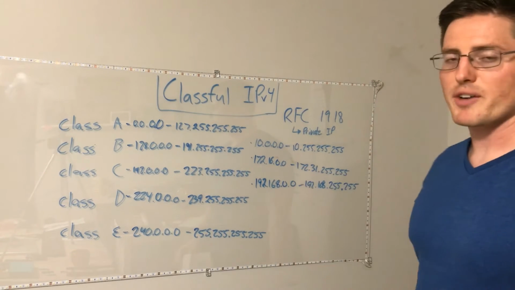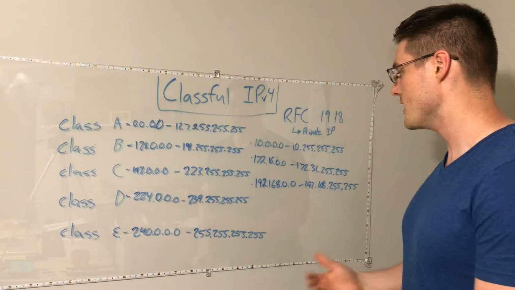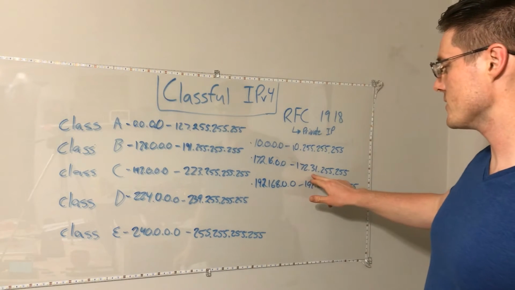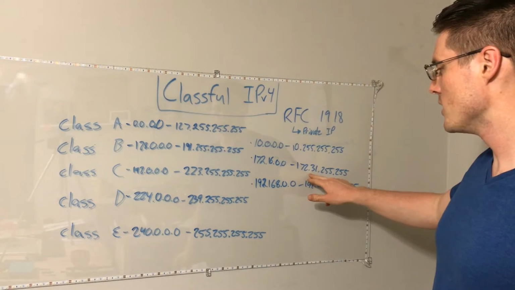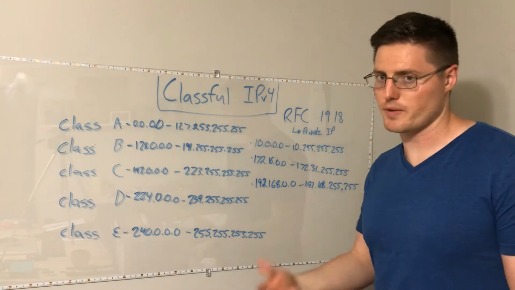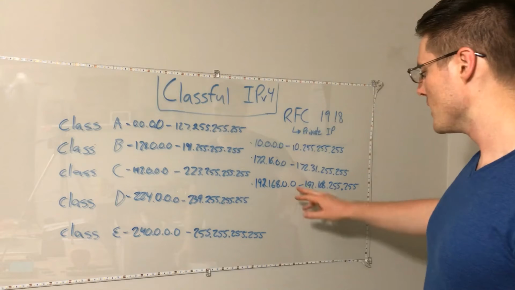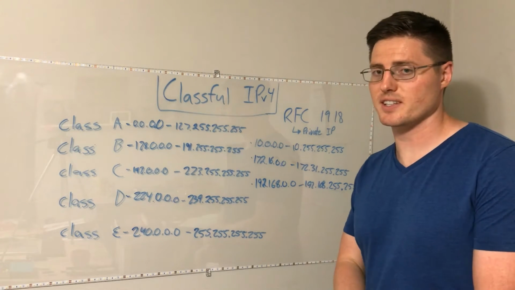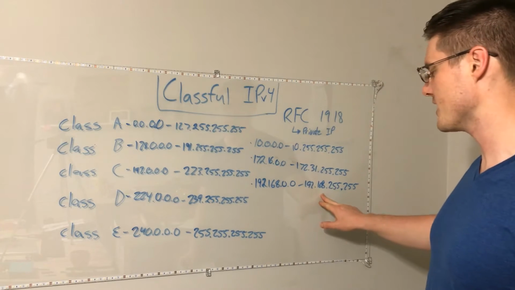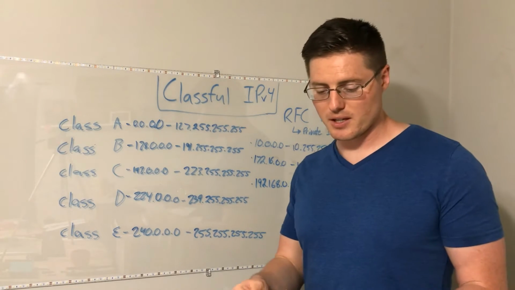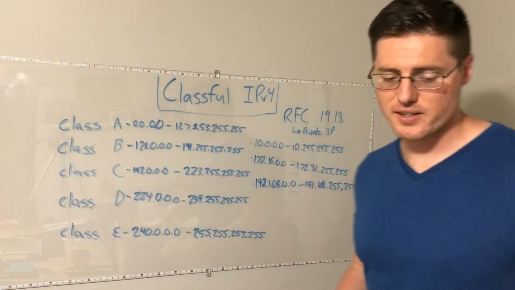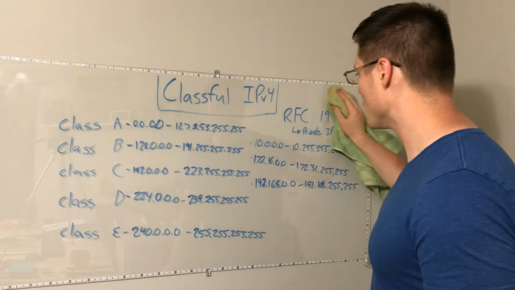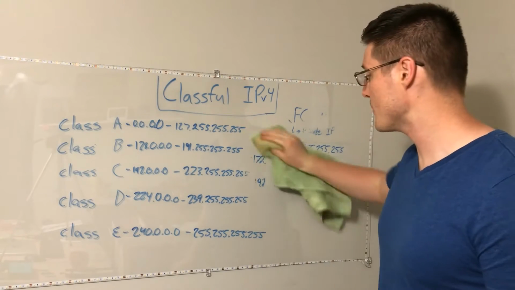For smaller private IP networks, you're going to use 172.16 all the way to its broadcast address, 172.31.255.255. And the smallest one is going to be 192.168 all the way to its broadcast address. That's IPv4 addresses, and this is specifically for classful. We'll go into the conversions and the mathematics behind it.